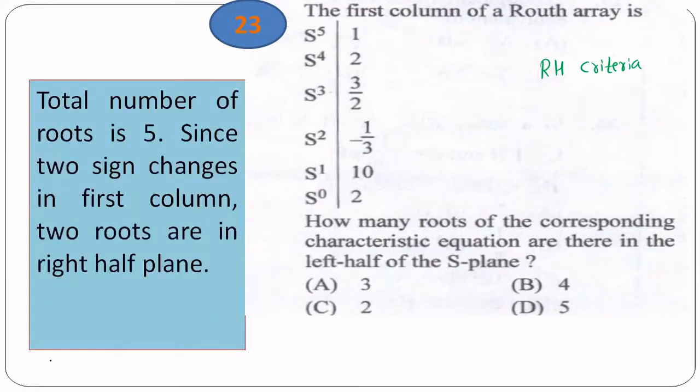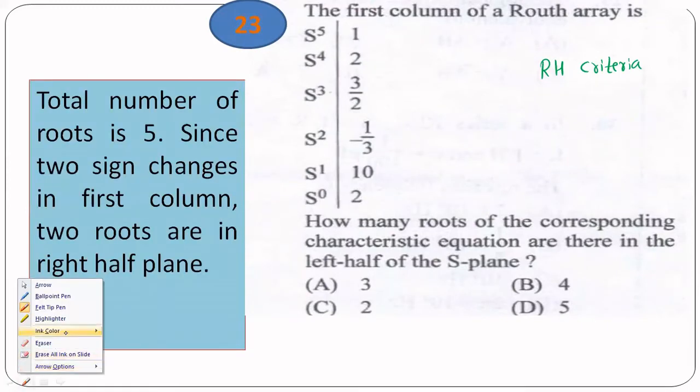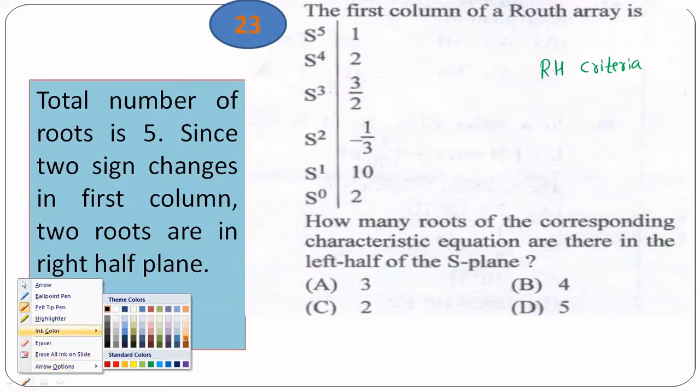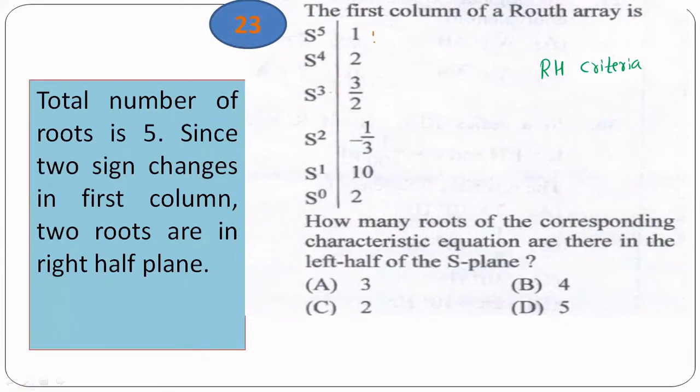There are a total of 5 roots, as we can count: 1, 2, 3, 4, 5. And as you can see here, there are 2 sign changes in the first column. From here to here, plus changes to minus.